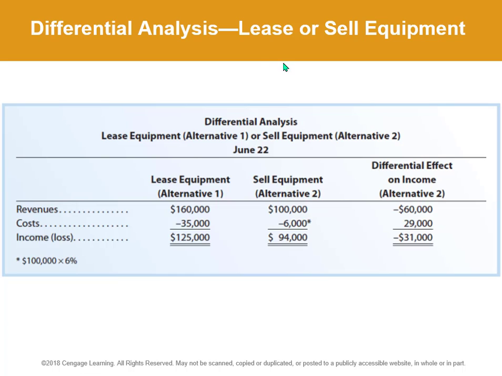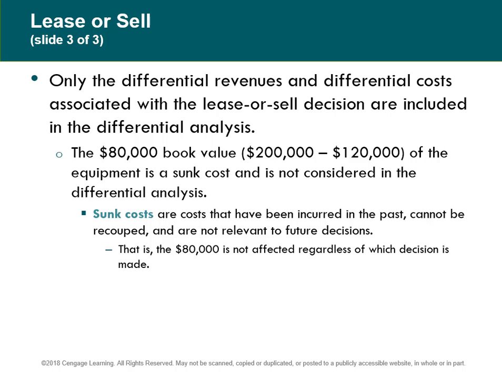The one I want to look at would be lease or buy. Should we lease this asset or should we purchase it? Only the differential revenue and the differential costs associated with lease or sell are included. The book value, the cost less accumulated depreciation of the equipment, is a sunk cost and is not considered in the analysis.